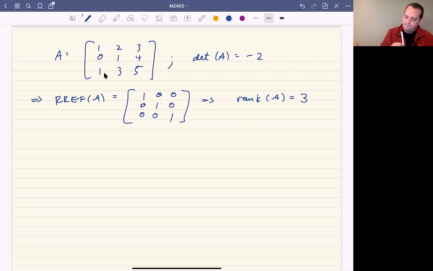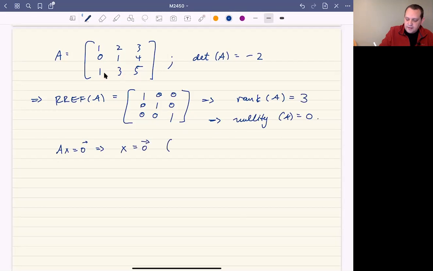The rank is 3. And the rank and the nullity have to add up to the number of columns, which happens to be 3, so that tells us that the nullity of A is 0. In other words, if we were to look at AX equals 0, the only solution that we would get would be X equals 0.